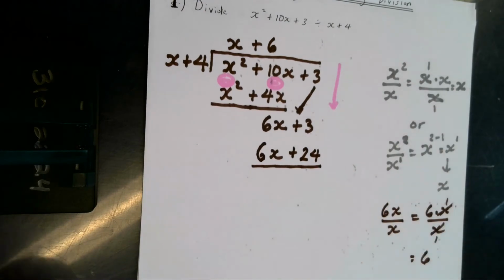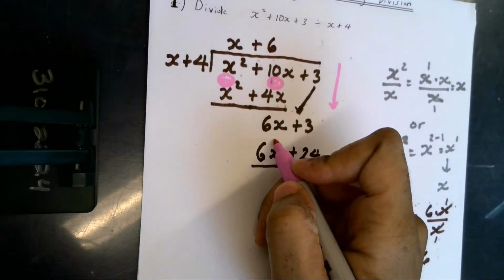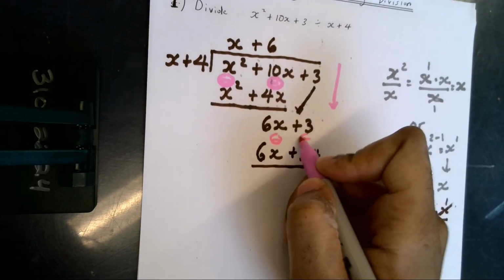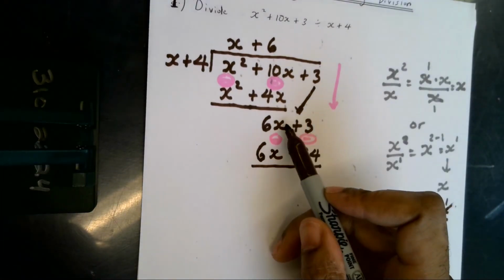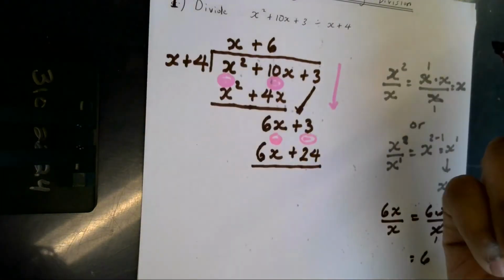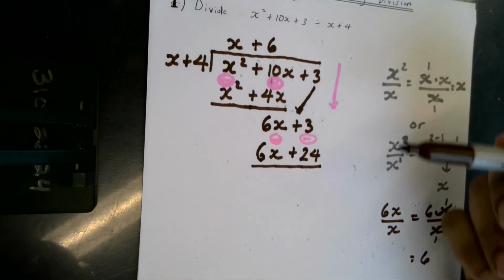And after we have multiplied, we are going to subtract. So 6x, and we're going to subtract coming down, top to bottom.